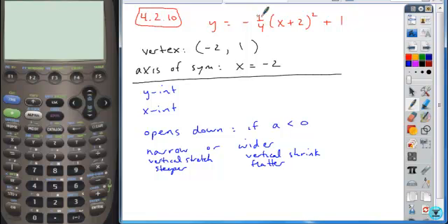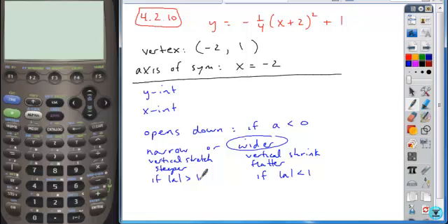So here, disregarding the negative sign, we have a 1/4. Since 1/4 is less than 1, if the absolute value is less than 1, we're dealing with a wider, flatter, vertical shrink in the graph. If this had been greater than 1, then we'd have a more steep or narrow vertically stretched graph. And so in this particular case, it would be a wider graph.